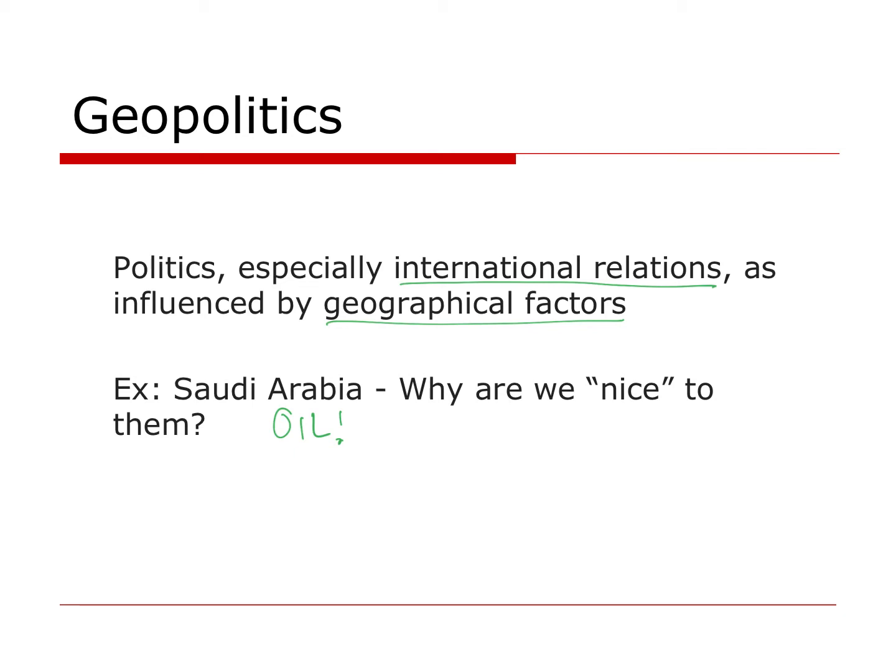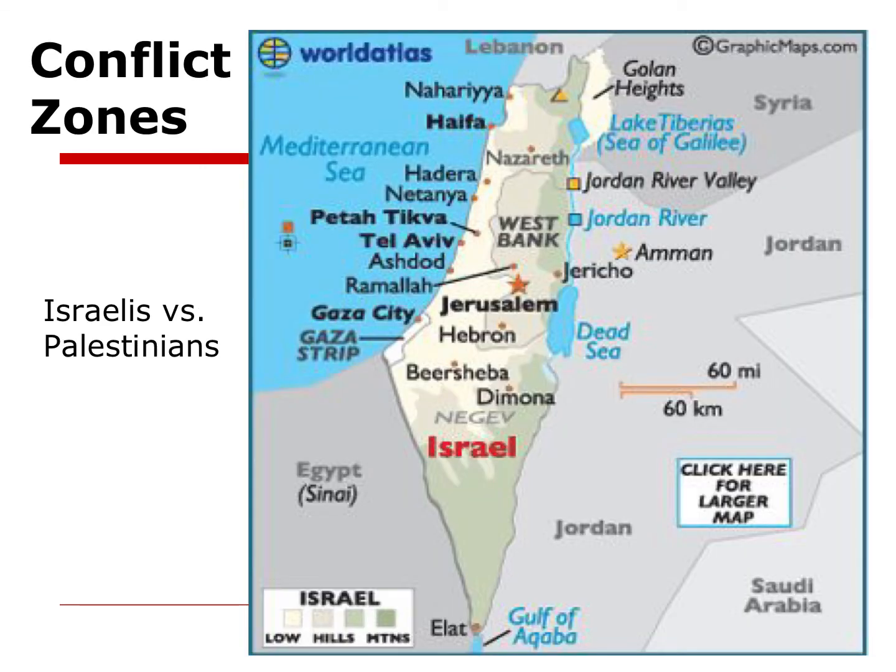And so a lot of this has to do with who owns the land based off of their religious beliefs as to who they believe owns the land, okay? And so that geographical factor as far as the land rights, okay, determines the relationship between the Israelis and the Palestinians. All right. So that's how geopolitics is going to play in today.